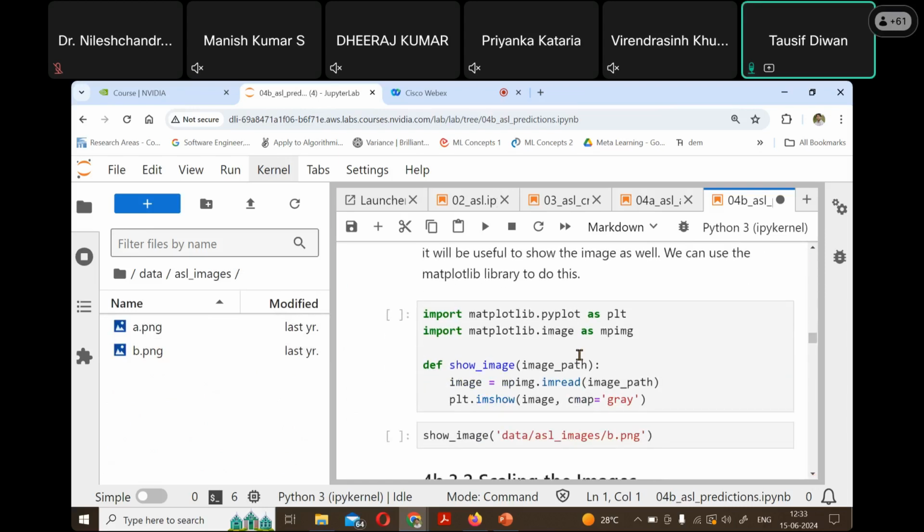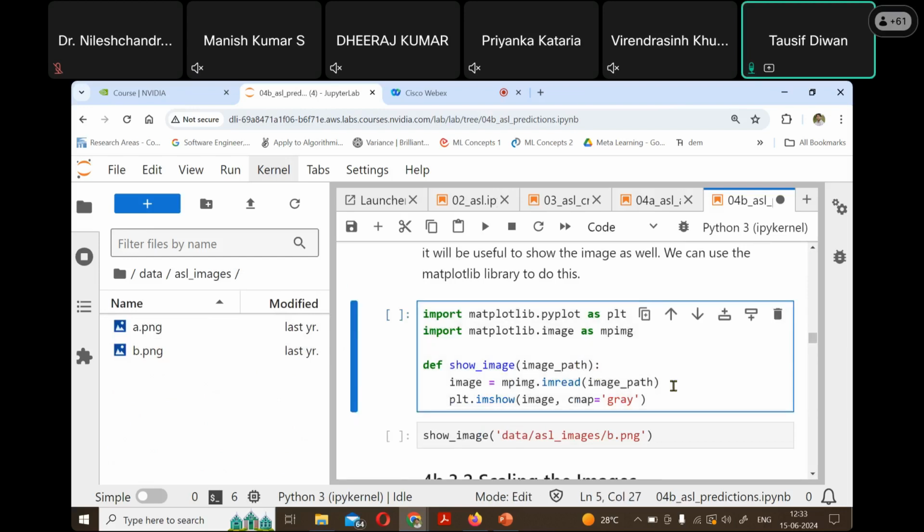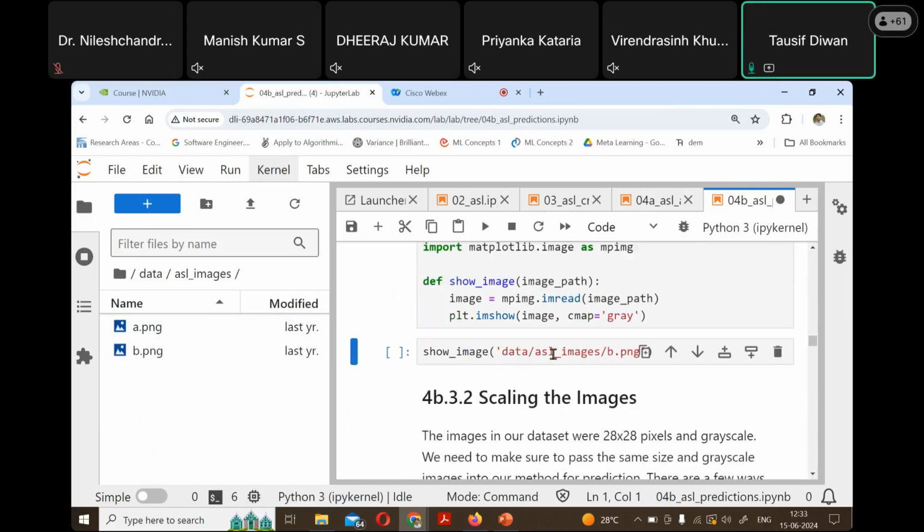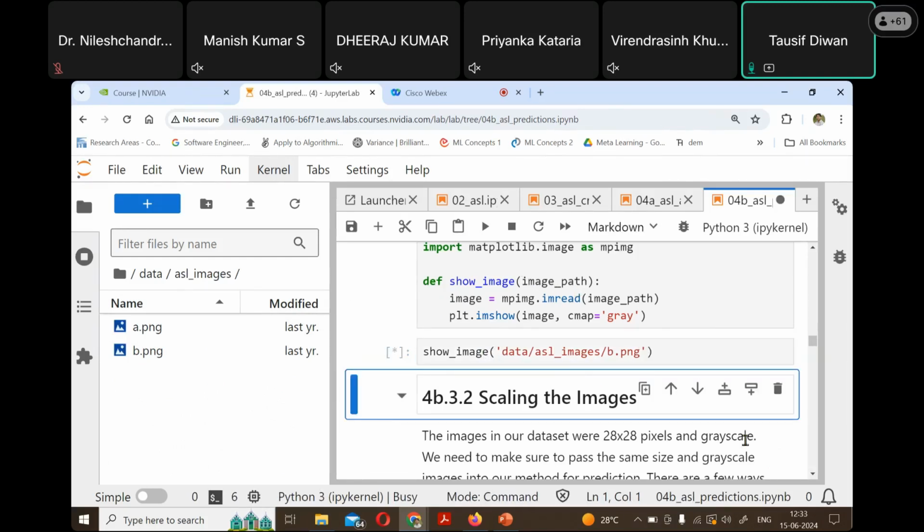First of all, we will write a function for showing the image. We will write the function show image, and then call this function on the data ASL image, b.png, passing the image path, and it will show the image.